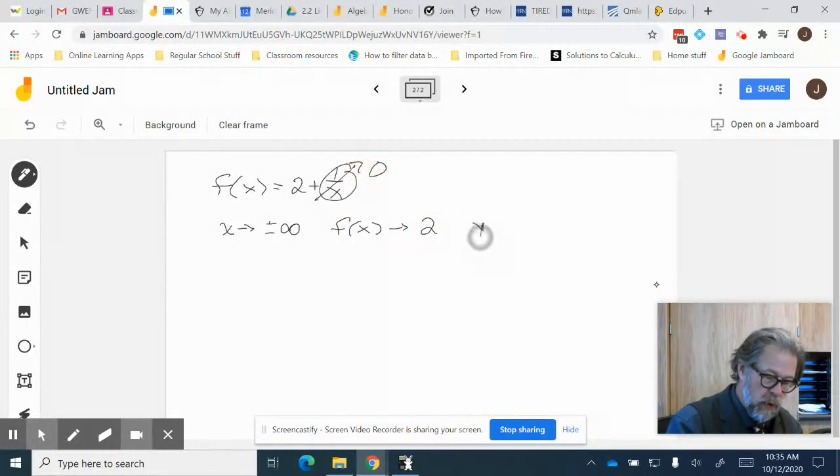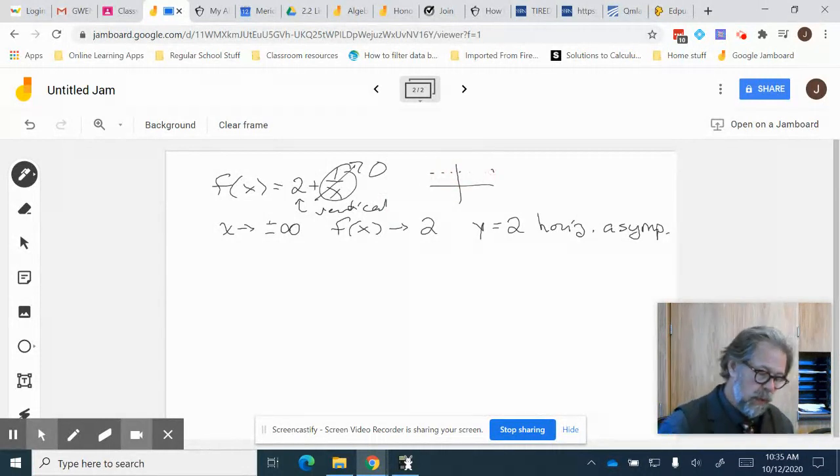And so y equals 2 is in fact a horizontal asymptote. We could also think about this graphically as just a vertical shift. So when we shifted the whole graph of 1 over x up 2, our asymptote went to y equals 2.